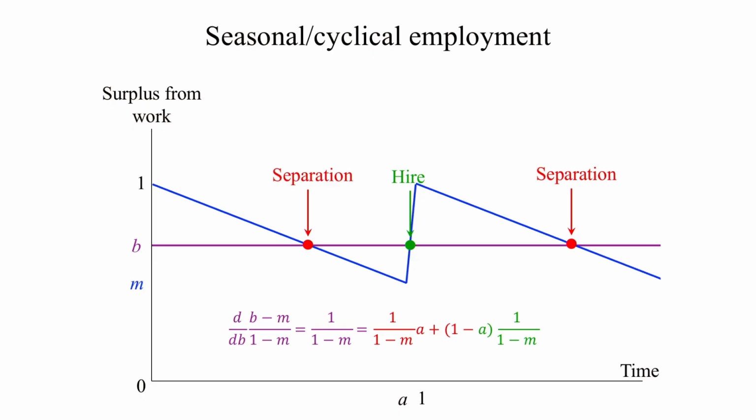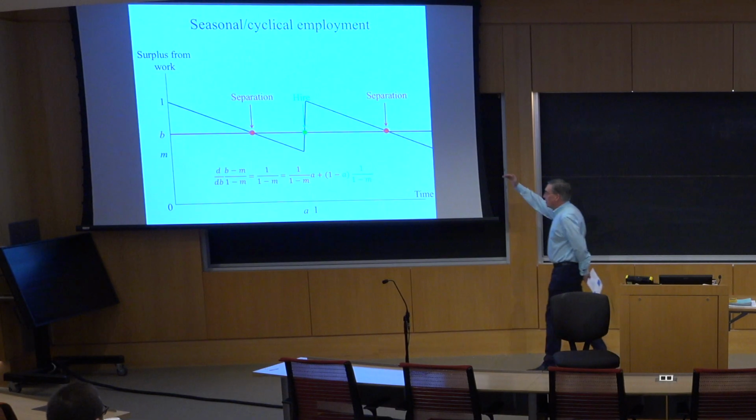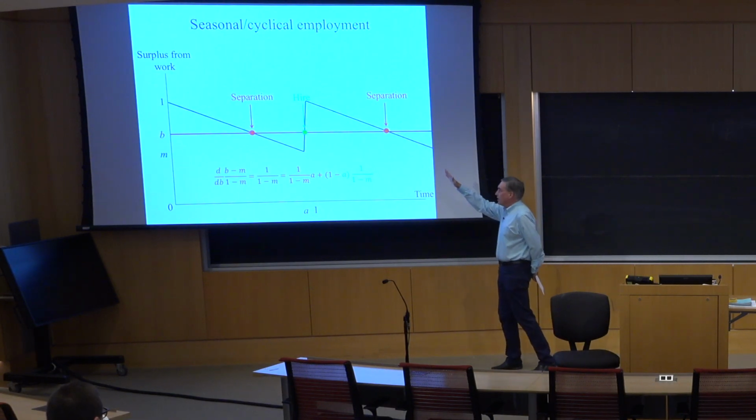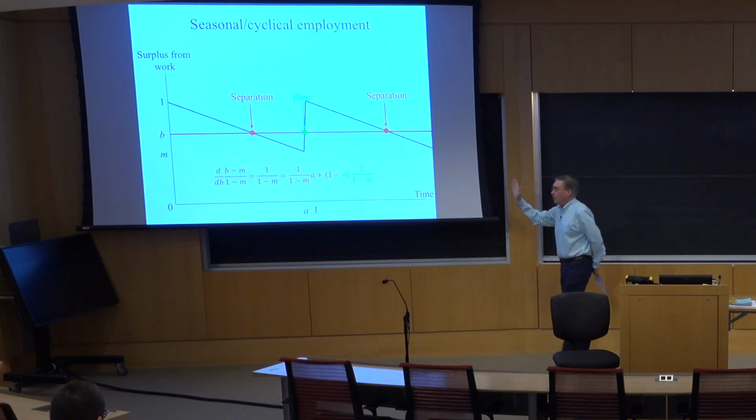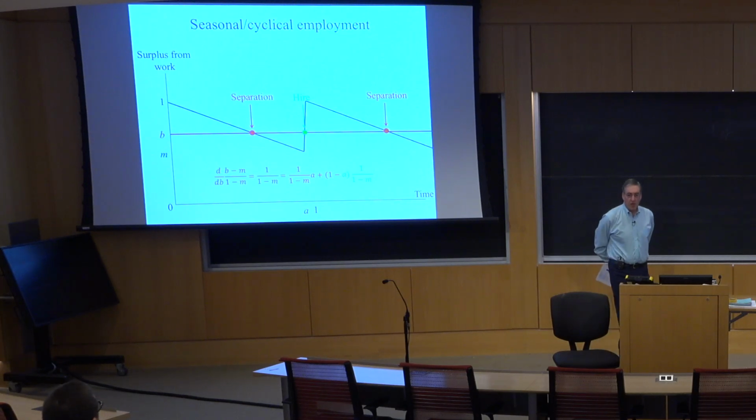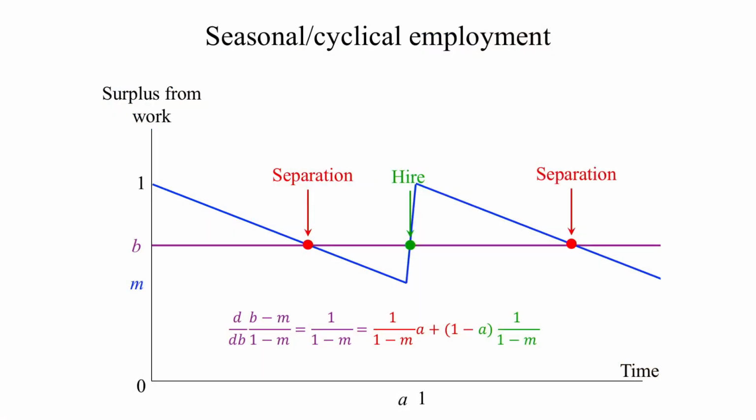And that's more or less when people are going to return to work, regardless of what the benefit is. You can see if you were to move B up or down, the green dot would, of course, move up or down, but it wouldn't move left or right, which is what counts for the employment rate. On the other hand, the separation is still sensitive to the benefit, the way we've drawn it here.